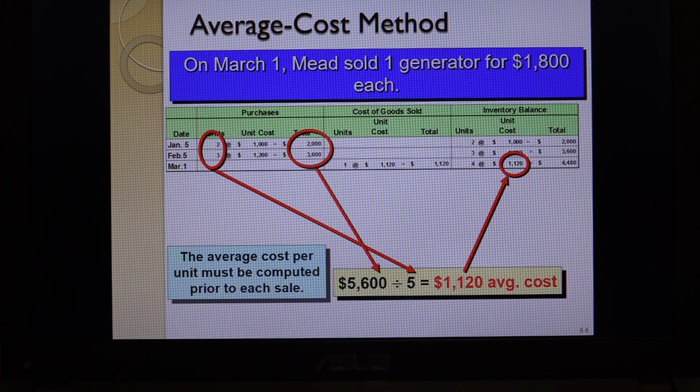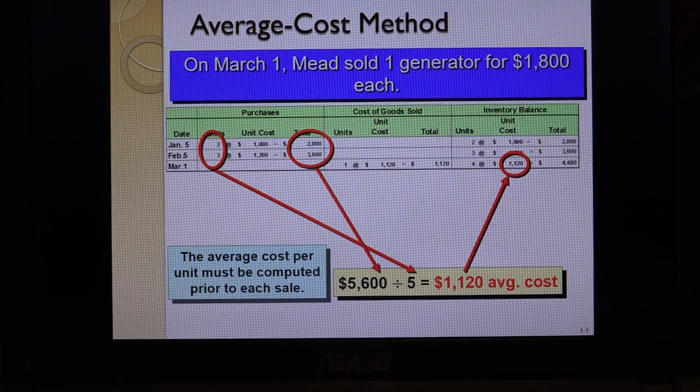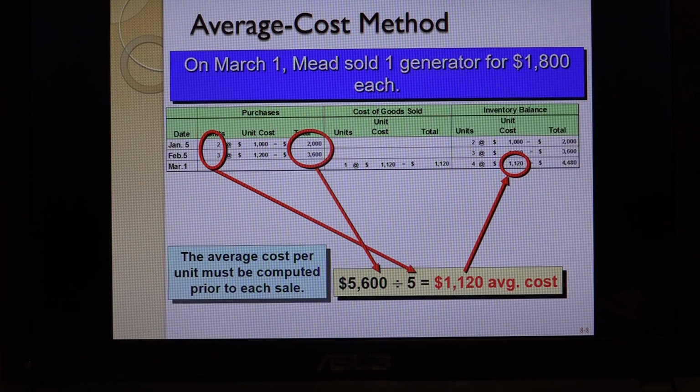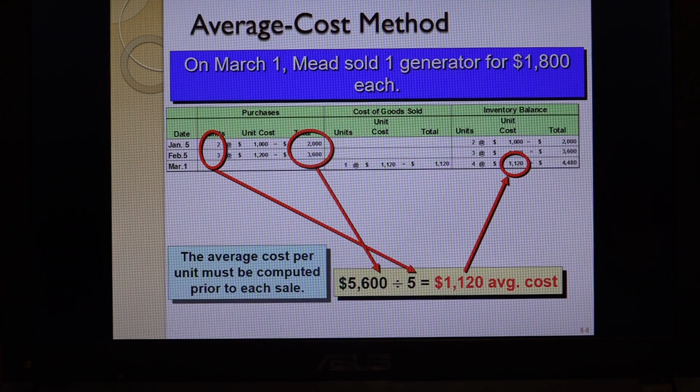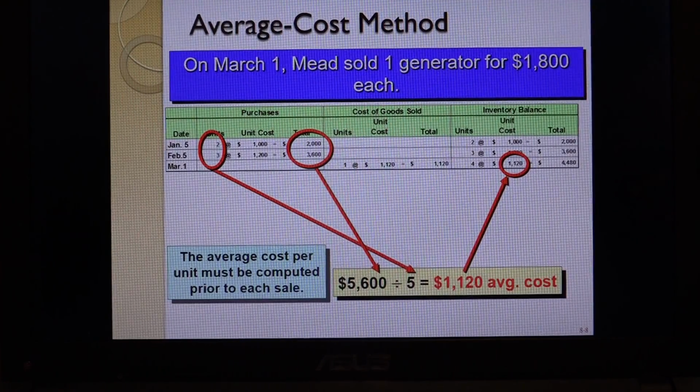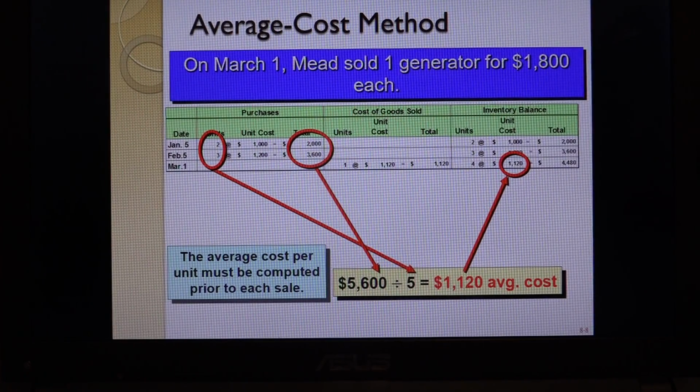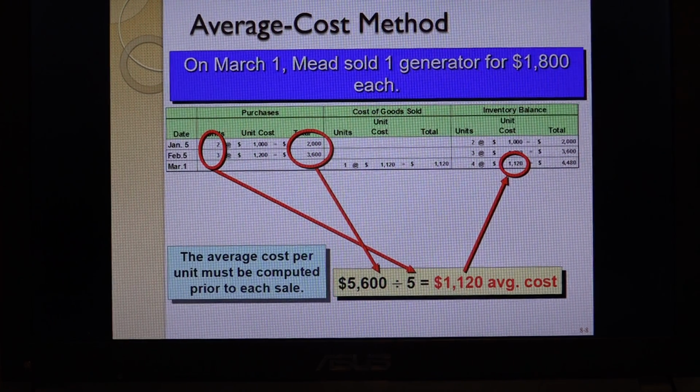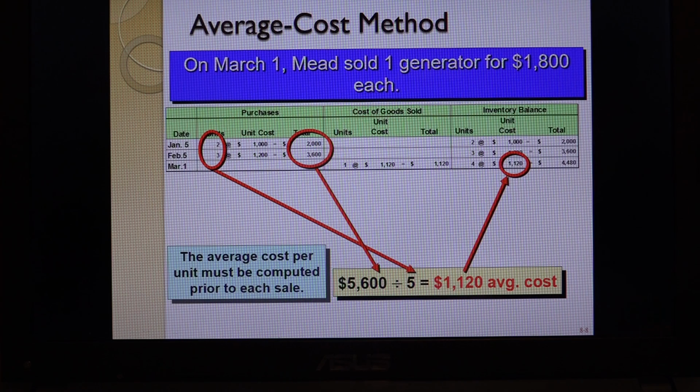Average cost method. Here, you're going to just average the cost of all items that are in inventory. In this example, they take basically the same example. You've got total cost of $5,600 for the 5 items in inventory, these generators.